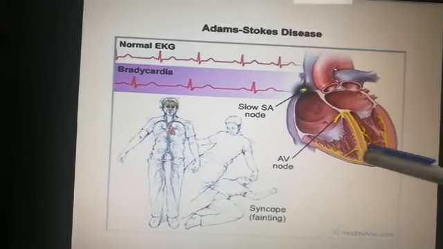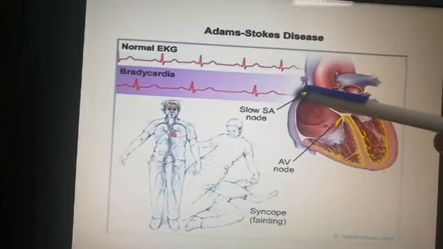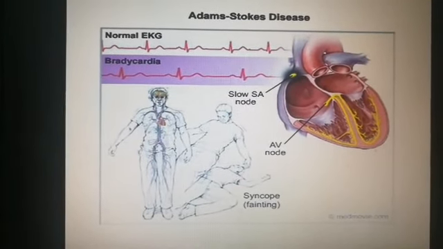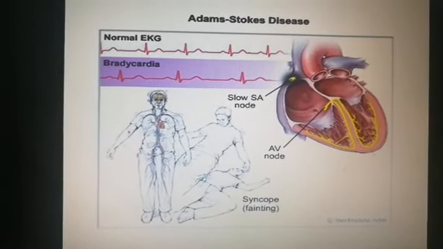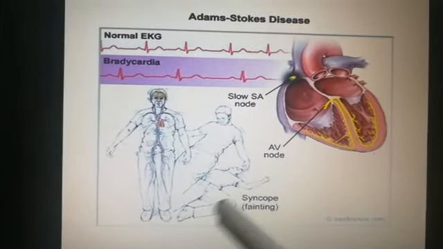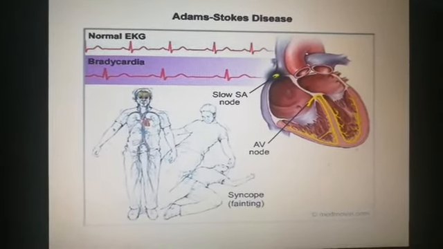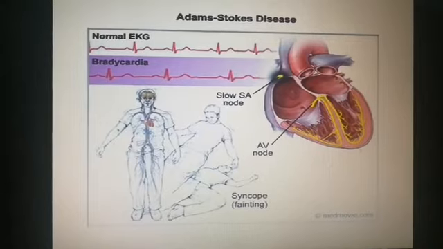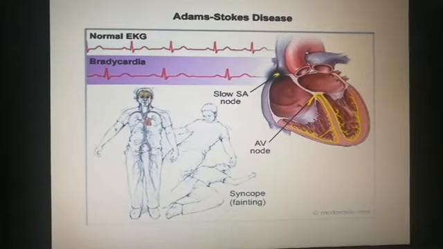Everything is okay beyond the AV node, but between SA node and AV node there is no connection. So if this occurs, the patient may go into fainting or syncope. Syncope or fainting is the same thing. The person goes senseless for 5 to 30 seconds, and then there is recovery by the ventricular escape.